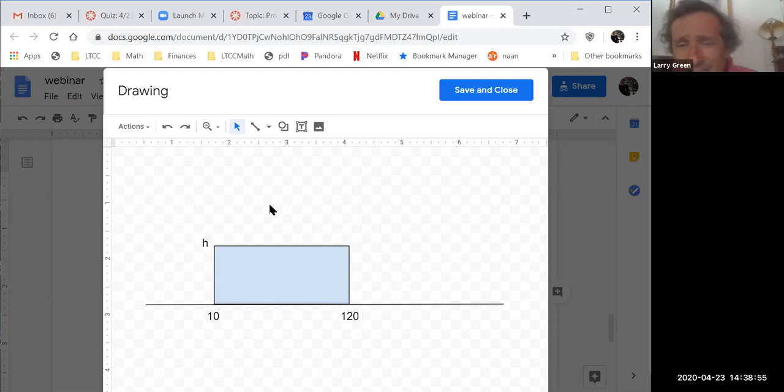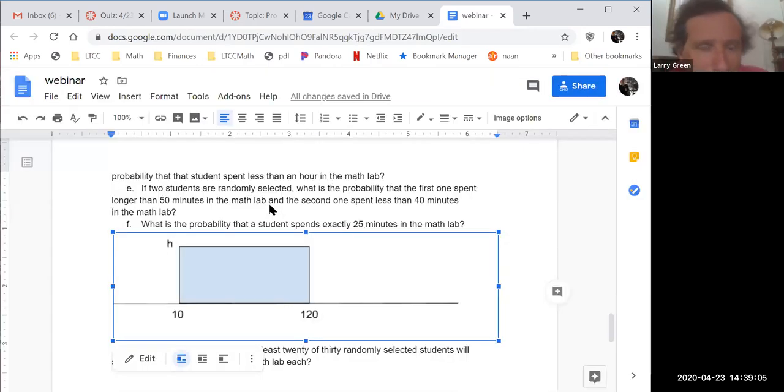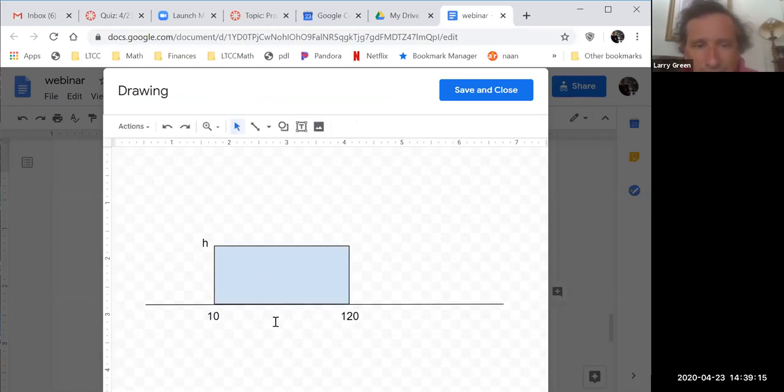Actually not a 1 over 110th of a line, because again we want exactly 25 minutes. If they did 24.999 minutes, is that exactly 25 minutes?